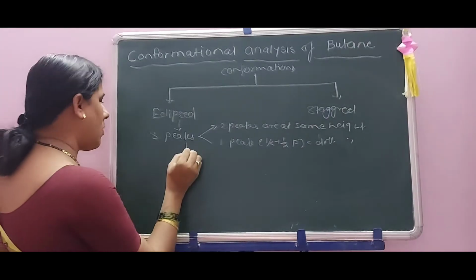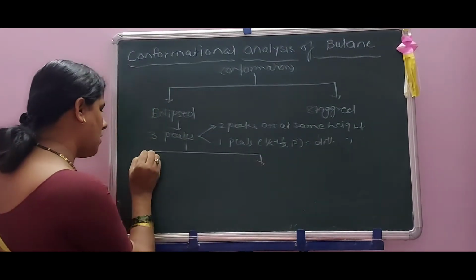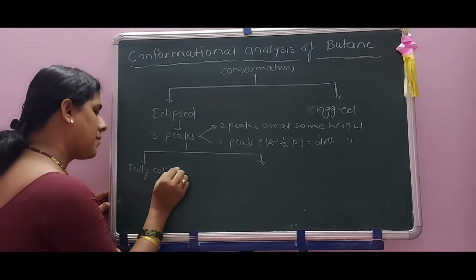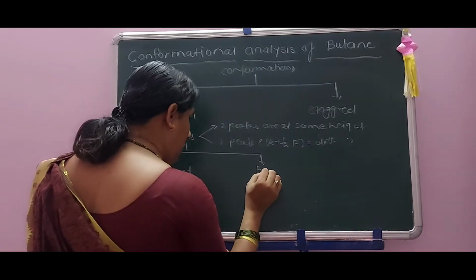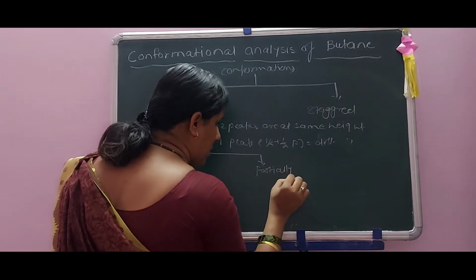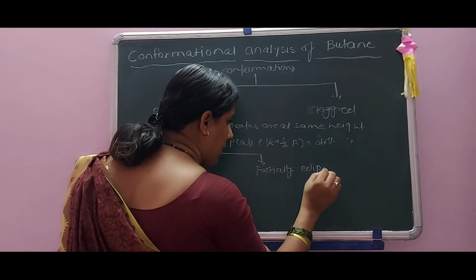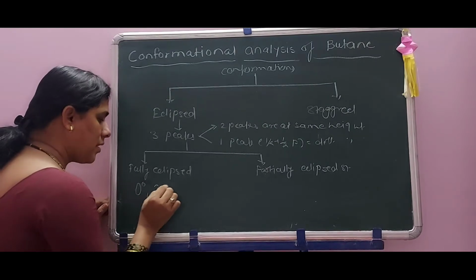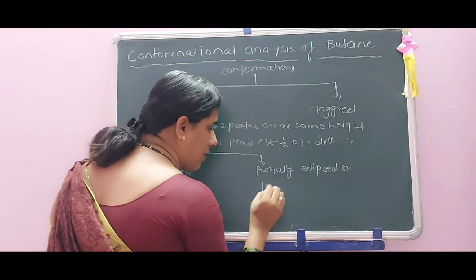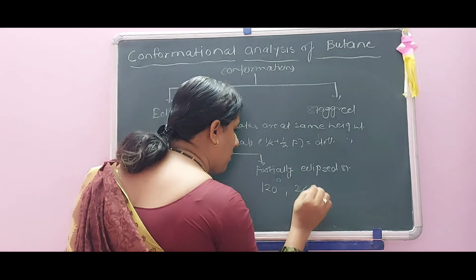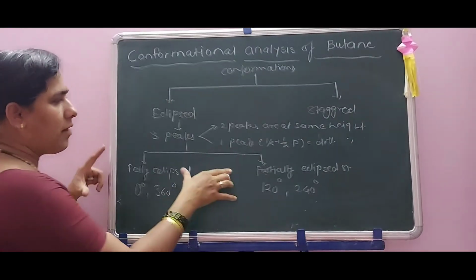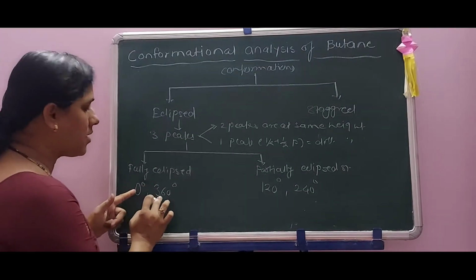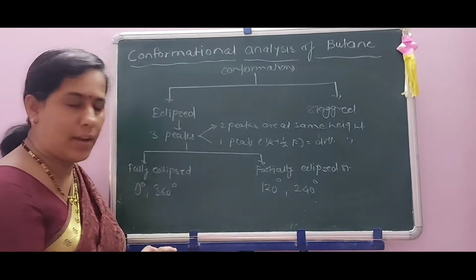Now the eclipse angles: fully eclipsed structure and partially eclipsed structure. Fully eclipsed has angles 0 degrees and 360 degrees, and partially eclipsed has angles 120 degrees and 240 degrees. Okay, this is the primary step. Now we can draw these conformers for 0 degrees, 60 degrees, 120 degrees and 240 degrees.